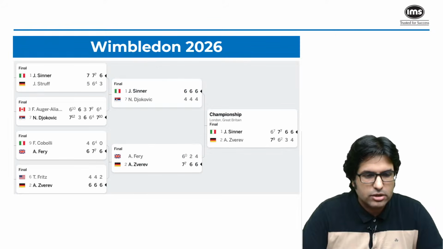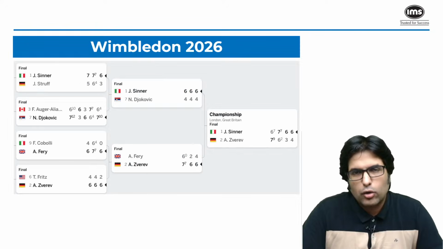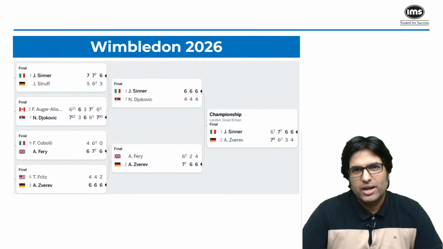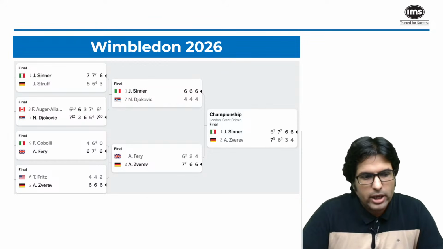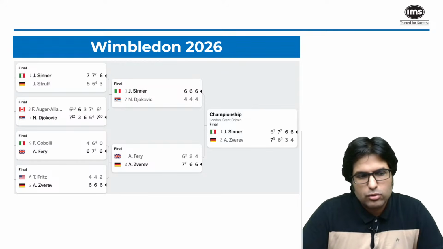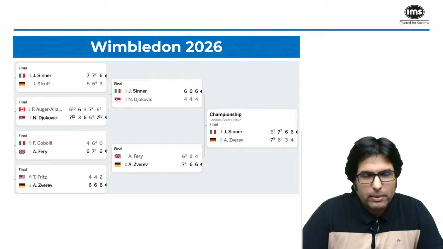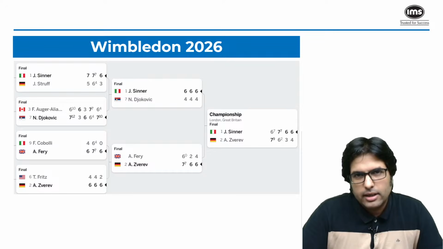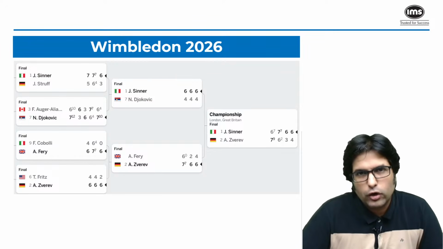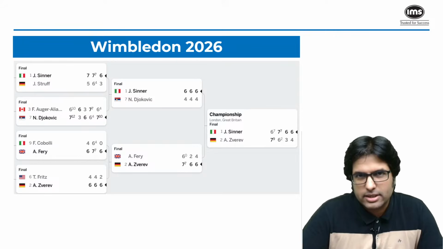Let's start our discussion. So the first part is, where are knockout tournaments actually held? If you look at Wimbledon 2026 and the last 3 rounds, you would realize that this is a screenshot of what happened in Wimbledon 2026. Jannik Sinner from Italy actually won the final, defeated Alexander Zverev from Germany. But typically you would see that this is an example of a knockout tournament, at least the last 3 stages.